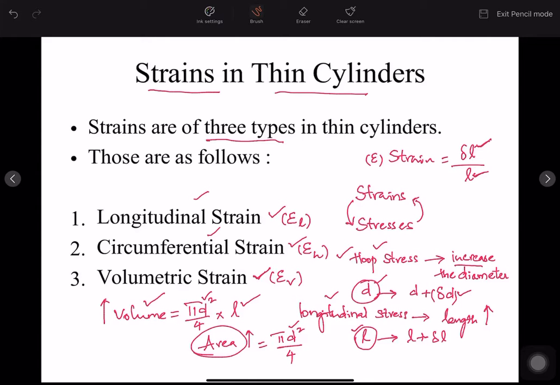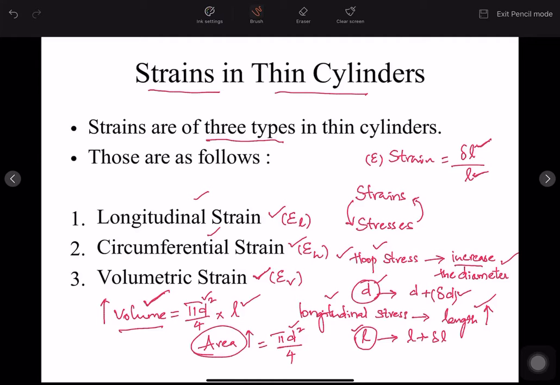I hope this concept is clear to everyone. Because of hoop stresses, diameter gets increased. Because of longitudinal stresses, length gets increased. As these two values are involved in calculation of volume, the volume will also get increased.